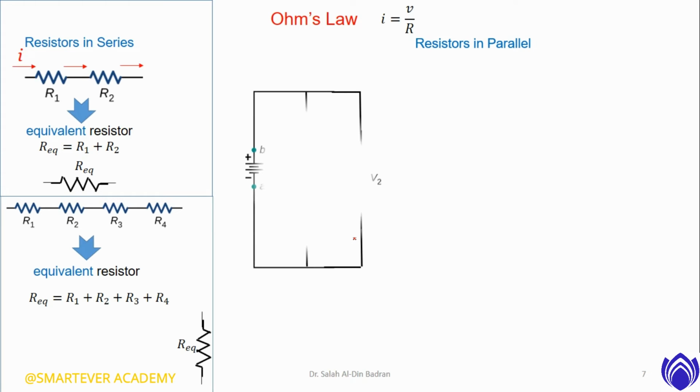Resistors in parallel. What if we have two resistors in parallel? What does in parallel mean? It means both terminals of two resistors are connected together.